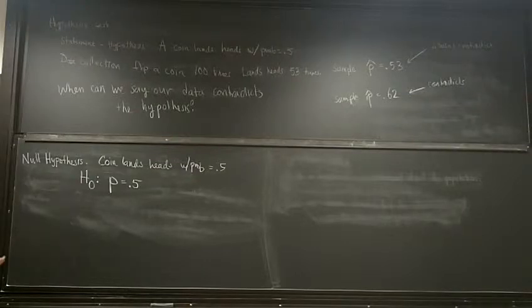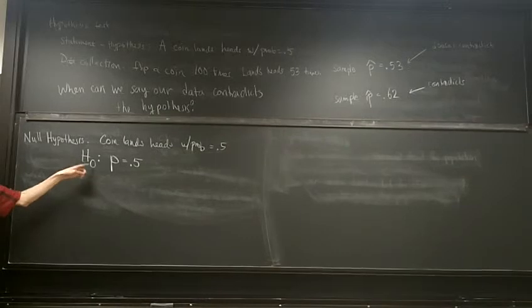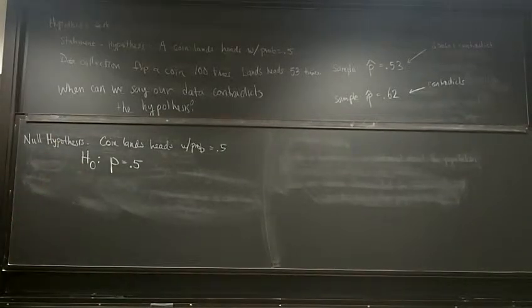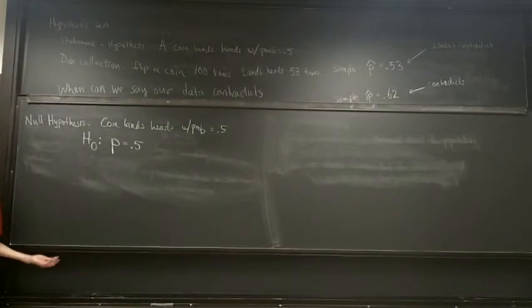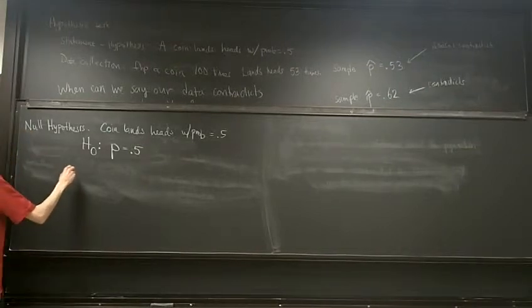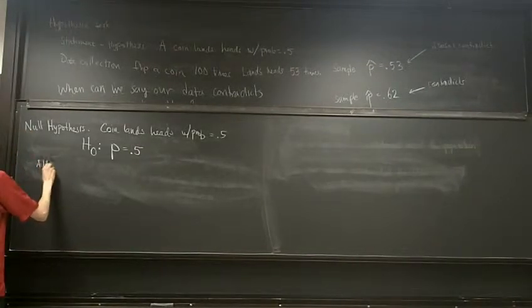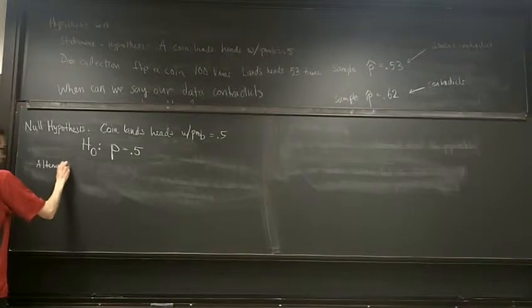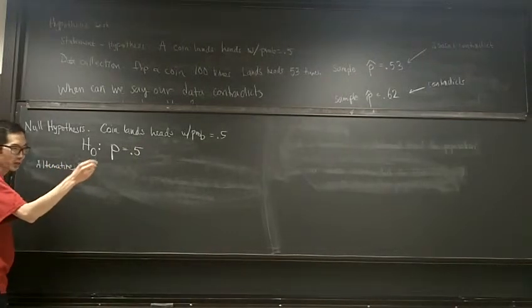The alternative is that... H0 is the null hypothesis? Yeah, H0 is the null hypothesis. Do we always write H0? Yeah, we always write H0. Okay? And the alternative is that my coin is cheating somehow.